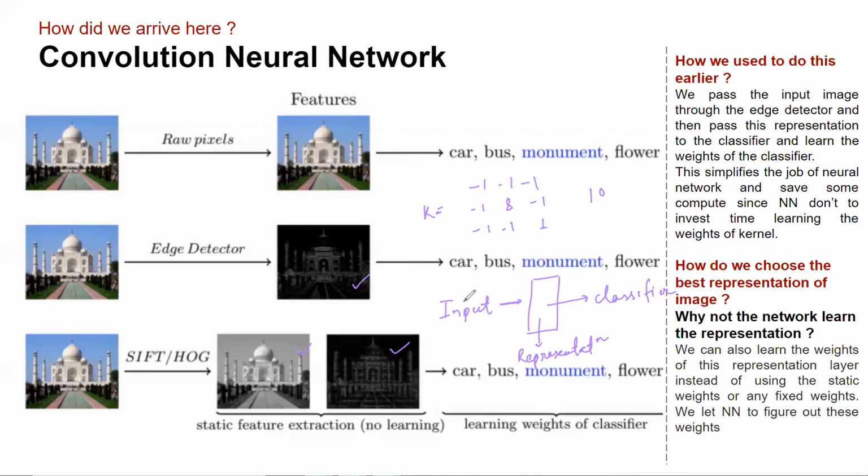The neural network itself will figure out the best transformation for the given image by iterating over the different weights of kernels, and it will figure out the best weights of these kernels. So internally the same thing is happening in a neural network, it's just that we are not doing it explicitly. The neural network is figuring out the feature engineering task by itself.